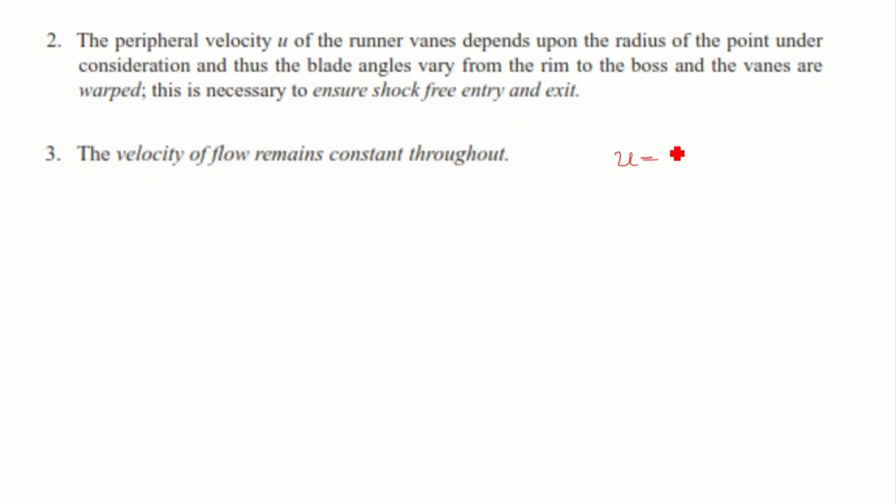Thus the blade angle varies from the rim to the boss and the vanes are warped. This is necessary to ensure shock free entry and exit. Shock free entry and exit means we are neglecting losses there, such as frictional loss, heat loss, etc. The third point is that flow velocity remains constant, which means Vf1 is equal to Vf2.